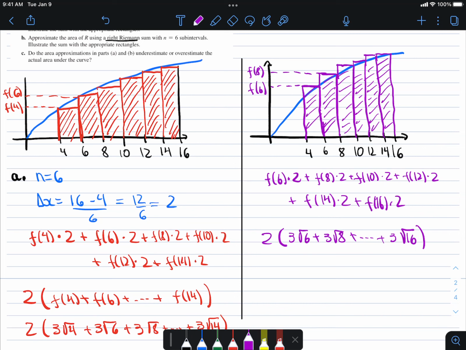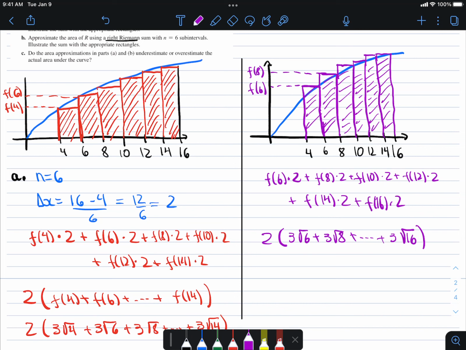So the left one is an underestimate, the right one is an overestimate. That's not always true that the right one is an overestimate and the left one is an underestimate. It depends on whether the function value is positive or negative. So for example, if you imagine that the blue graph is under the x-axis, then these roles switch. The left one overestimates and the right one underestimates.